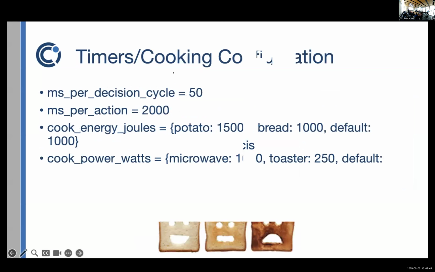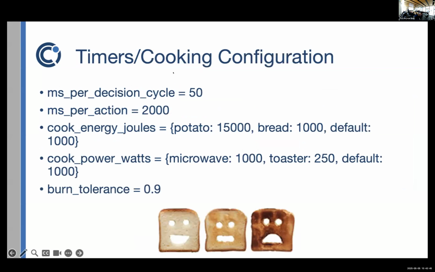We say there's a certain number of milliseconds that pass for each decision cycle. Each action takes a certain amount of time. And if something is cooking on the stove or in the toaster, then we accumulate cook energy. So it's just counters that go up over time. And we allow the agent to mess up and burn the toast if you leave it in there too long.